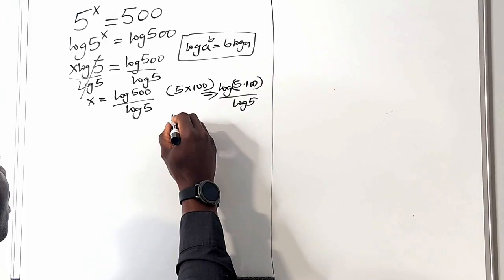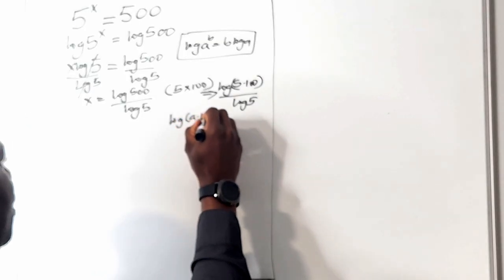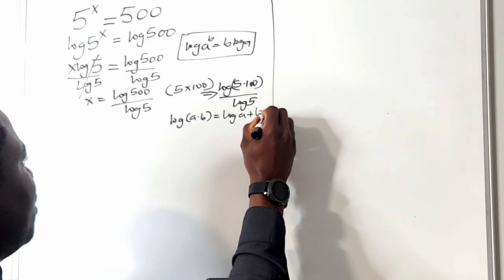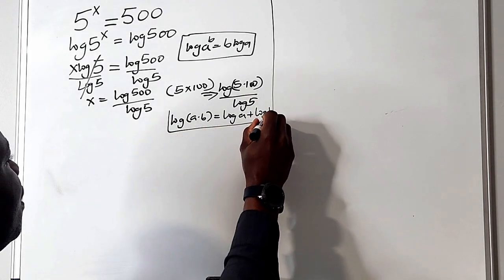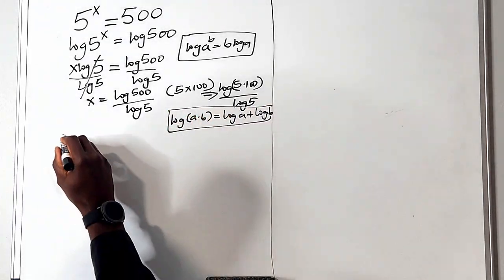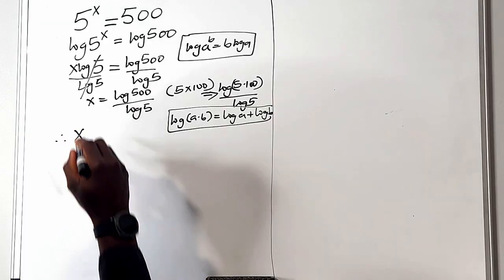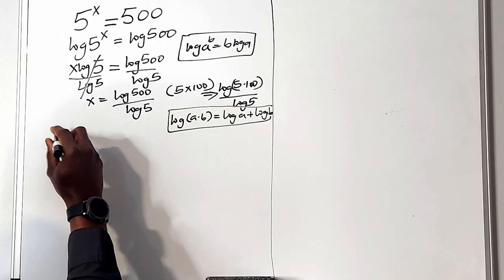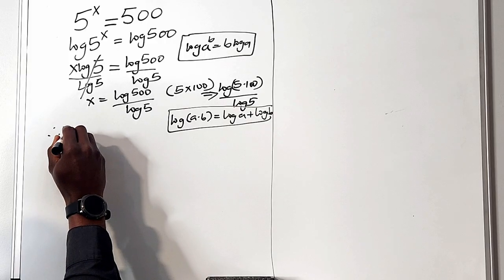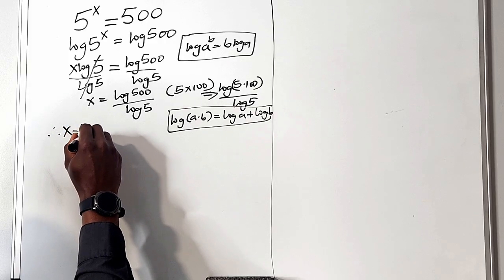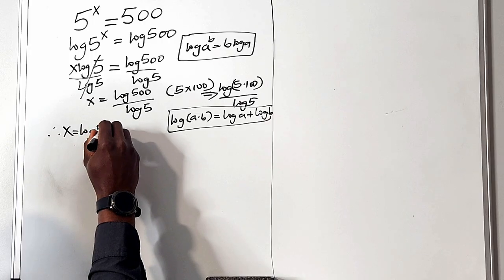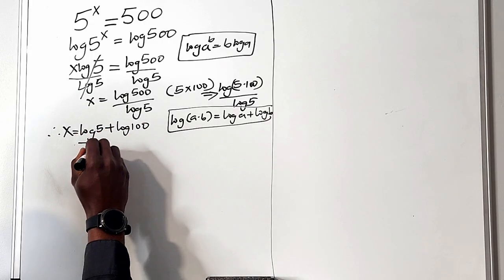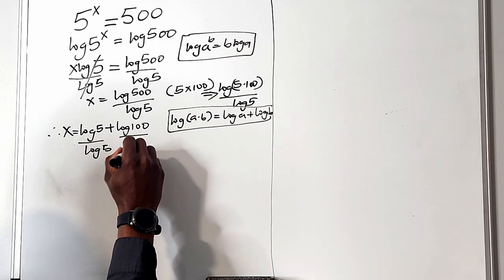Now we know that log AB is equal to log A plus log B. Therefore, x is equal to log 5 plus log 100, divided by log 5.